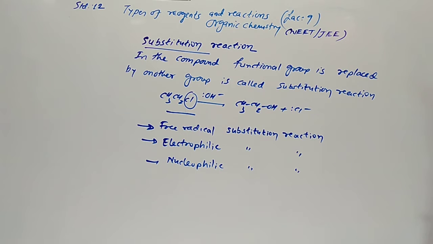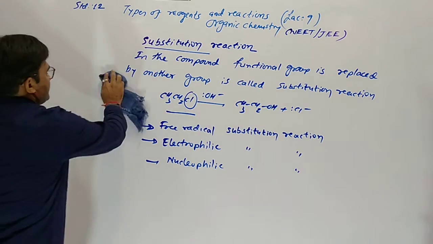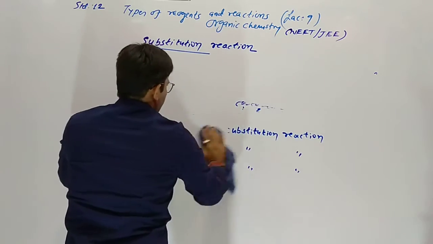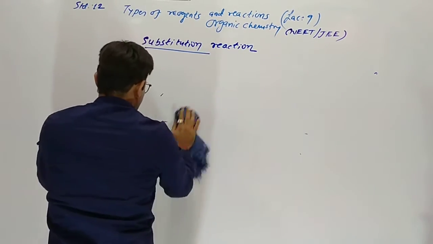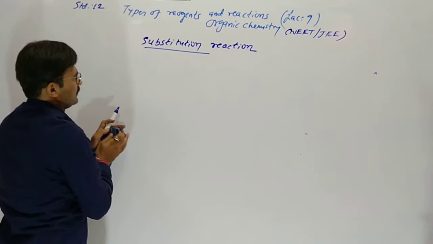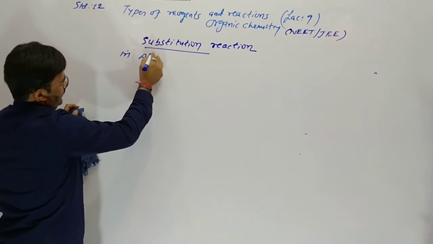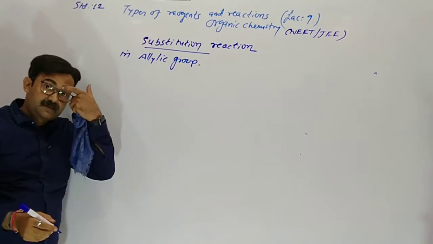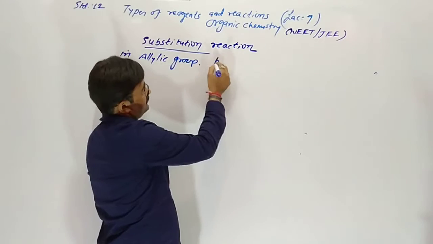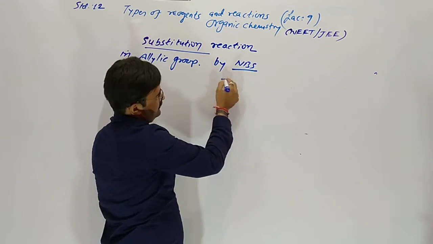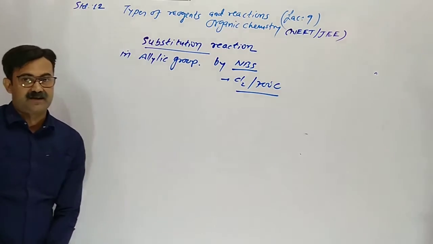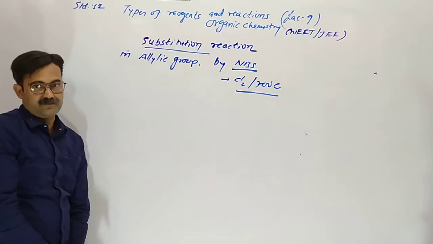Now, substitution reaction in the allylic group. Which one is called allylic? In the allylic group, by NBS, and chlorine at 700 degrees Celsius, halogenation occurs.